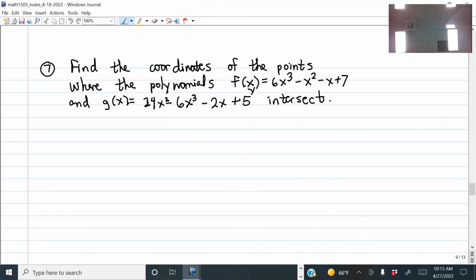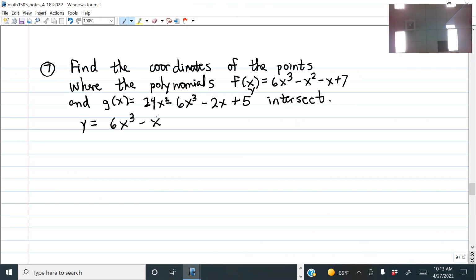So we've got these two functions, right? Let me rewrite these formulas slightly. Instead of using the function notation f of x and g of x, let's go back to the old-fashioned notation where we just use y instead of f of x and g of x.